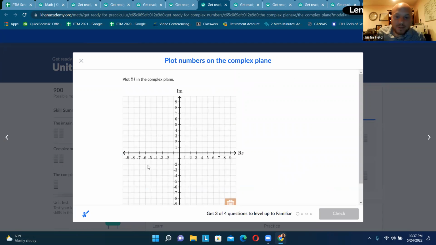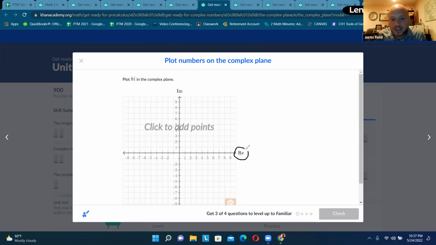Next, we can plot complex numbers on a coordinate plane. So instead of an x, y axis, our x-axis is the real number axis, and the y-axis is the imaginary axis. So where would 8i be? Now see, we're putting all these things together. This is why it's a complex number. It's 0 plus 8i.